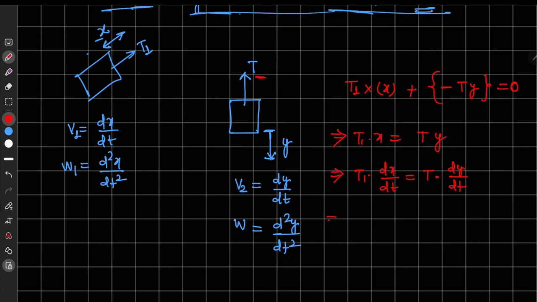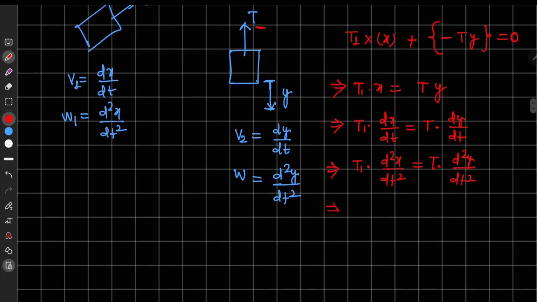Now let us differentiate it again. So we will get T1 times d square x upon dt square is equal to T times d square y upon dt square. Now we know that d square x upon dt square is w1, so we can write T1 times w1 is equal to, here d square y upon dt square is w, so we can write T times w.